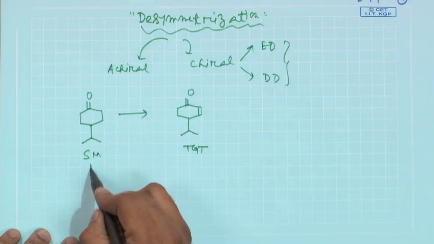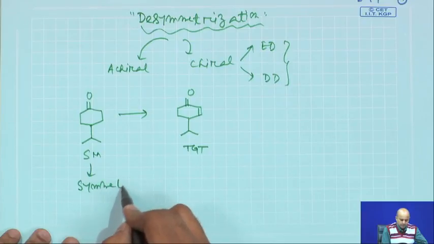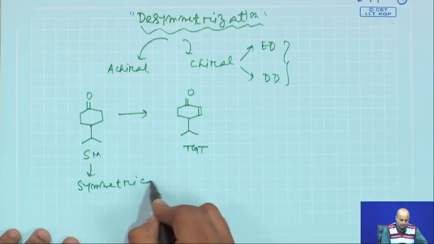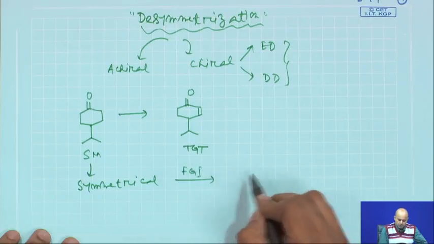Now, in principle I can give you a series of problems where I just ask you that a symmetrical starting material was given to you, and you need to do some FGI to desymmetrize the molecule.